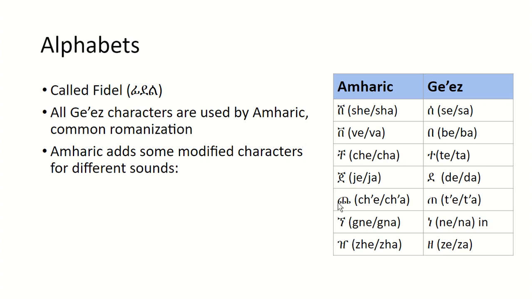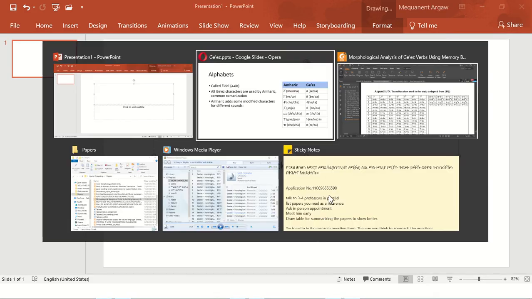If we observe, all these modified characters add a horizontal artifact. These also have their own seven forms, as we have seen before.